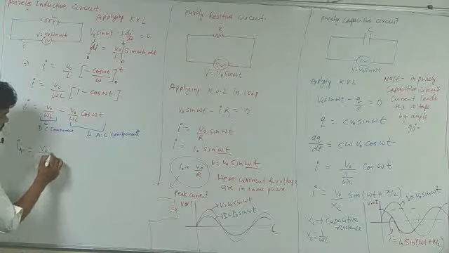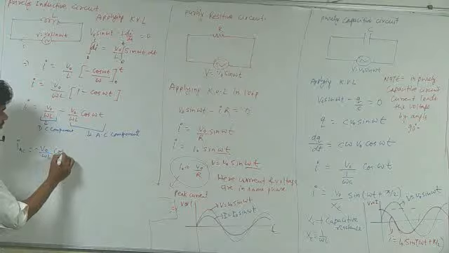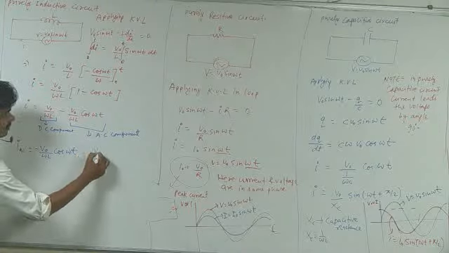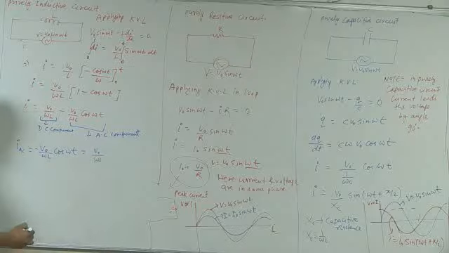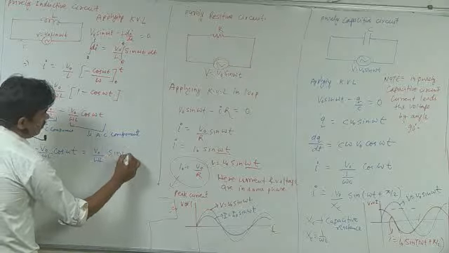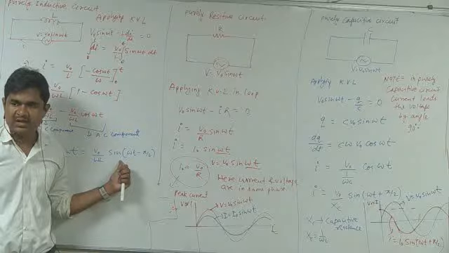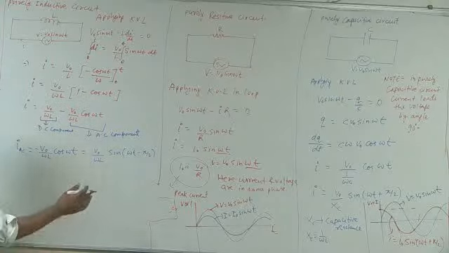V naught by omega L cos of omega t. This can be written as sine of omega t minus pi by 2, because sine of omega t minus pi by 2 becomes minus cos omega t. Yes or no? Simple rearrangement.